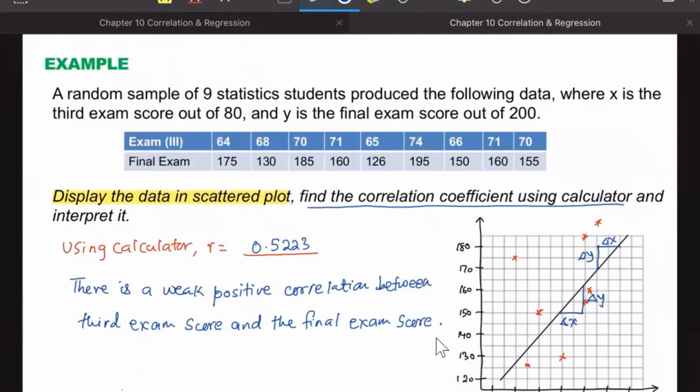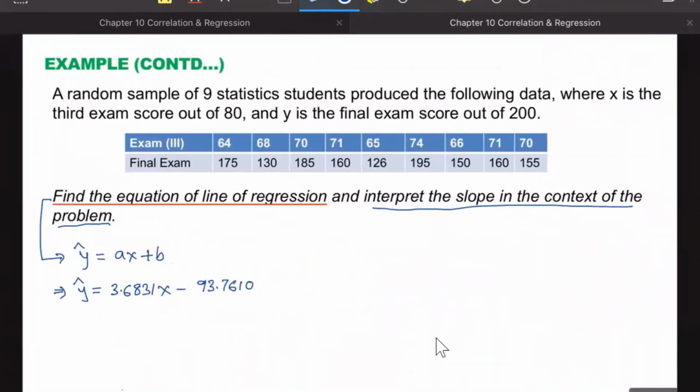Now, we need to interpret what that is. If we analyze that over here, you can see that rise in y, or change in y over change in x, or rise over run, is this value, 3.6831, if change in x equals 1.